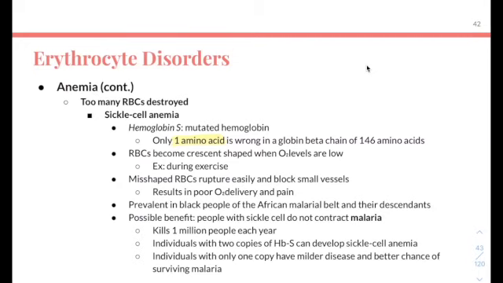It takes a special kind of hemoglobin to cause sickle cell. They need 2 copies of the hemoglobin S. That's what it's called. And individuals with only 1 copy of that hemoglobin S will have either a milder case or they have a much better chance of surviving malaria as well.